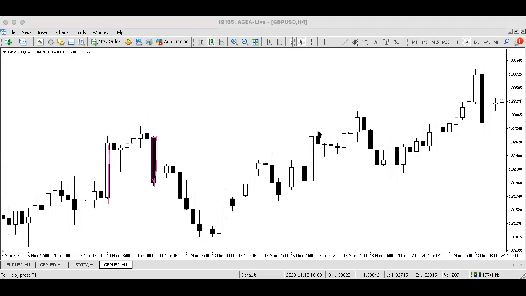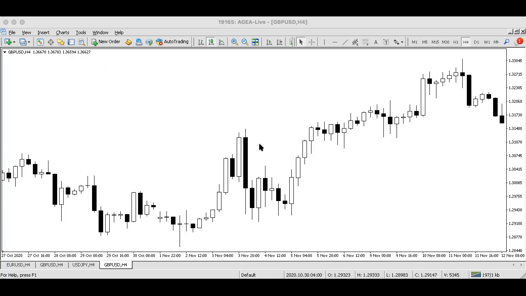If a particular candle is big, it shows that buyers came into the market because of how big the candle was, or that sellers came into the market because of how big the candle was. So those are some of the ways of identifying supply and demand zones: where the big candles are.